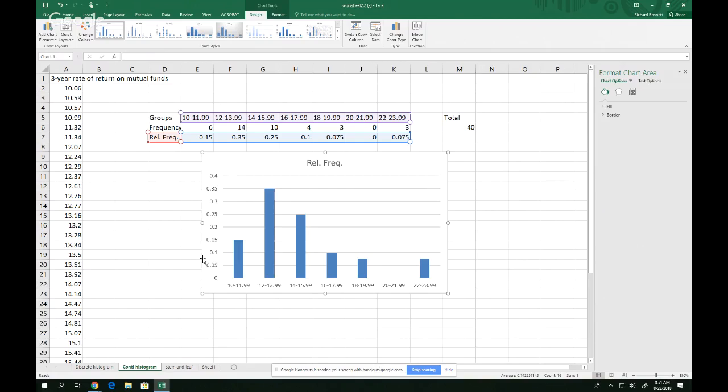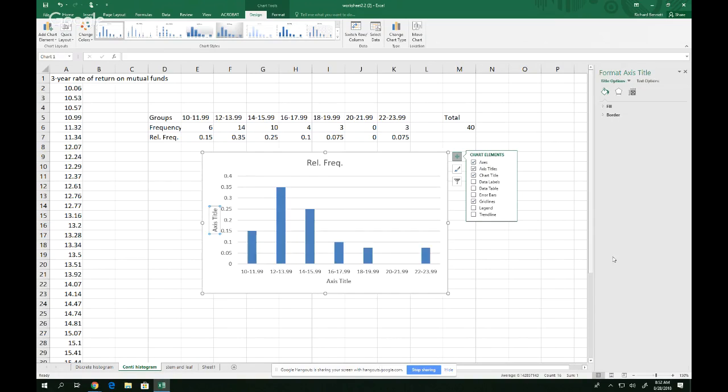Now, what? Oh, that did work that time. I guess I just had to press hard. Needs to add some titles. Click the green plus. Axis titles. What is this down here? Relative frequency. Oh, yeah, rate of return. So change. Oh, this one over there is not rate of return.